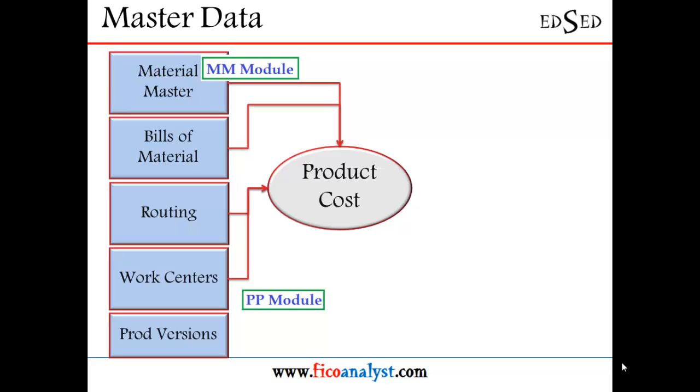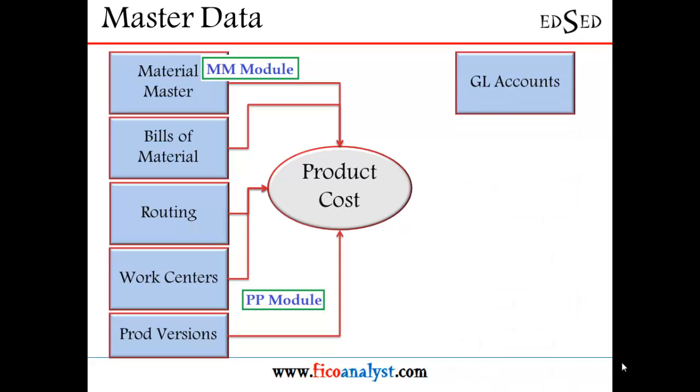Apart from these, you have general ledger, like GL accounts, because primarily the GL accounts are used for consumption, inventory management, production. So all these GL accounts are required to be there in order to have product costing. This is part of the general ledger module, you can say FI module.